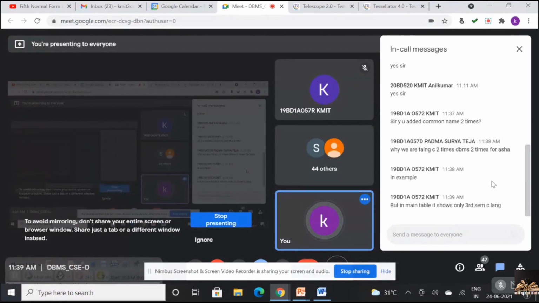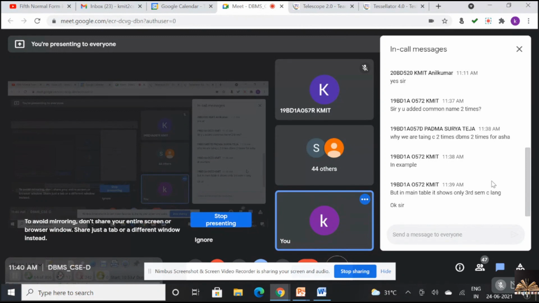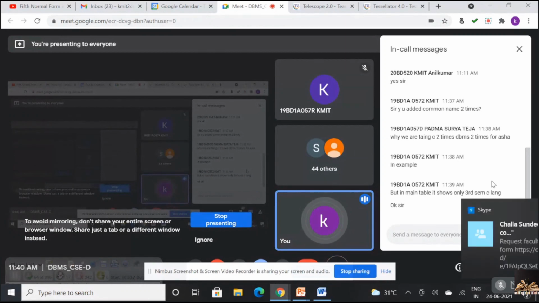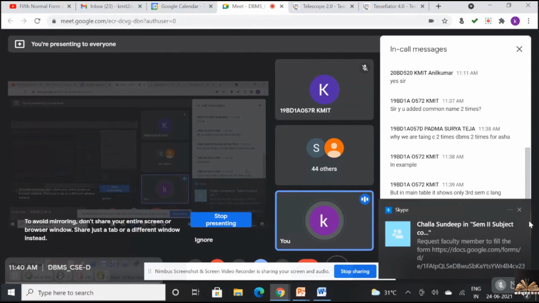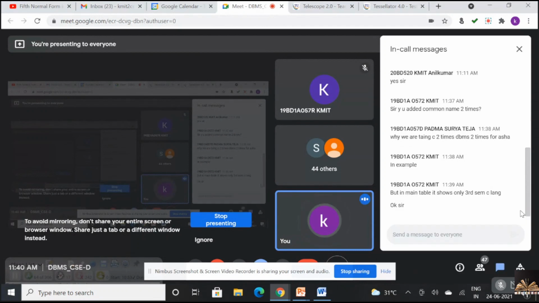Is it clear? If at all you get the original table after decomposing and recreating back, then it is in 5NF. And if you're not getting the original table, there is some loss of information or additional information, then it is not in 5NF.